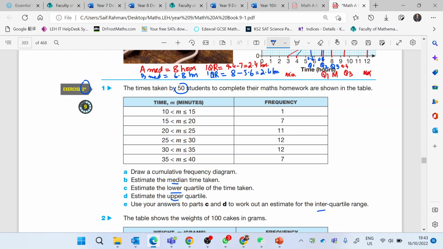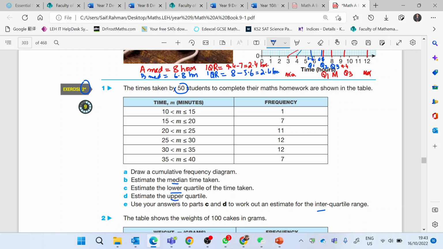So when there is a time in a class, how can you do that? First, from 10 to 15, there's a class from 10 to 15. It's excluding 10 and including 15.